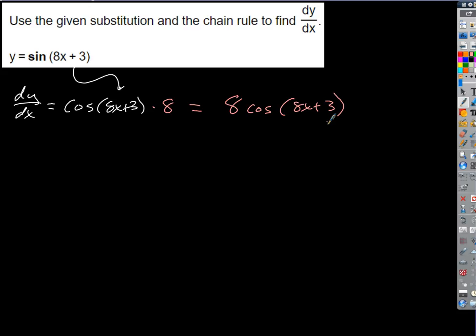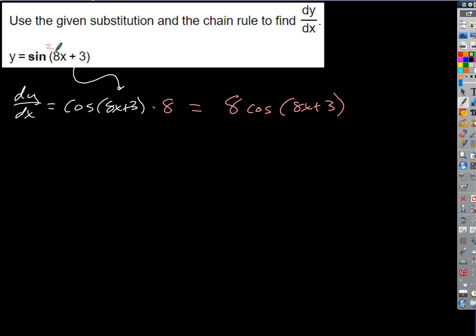Question? There was a square there. If there was a squared, like right here, or on the other side, it would probably be there if there was going to be a squared, I'm guessing. That would mean there'd be an additional layer. That means the sine of 8x plus 3 quantity squared. So now we'd have an outer layer that would be hand squared, right? So what would the derivative be then?